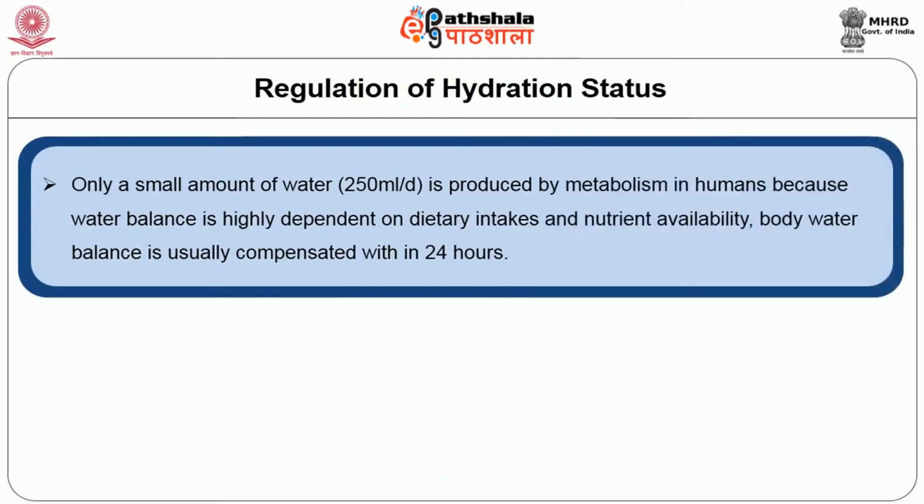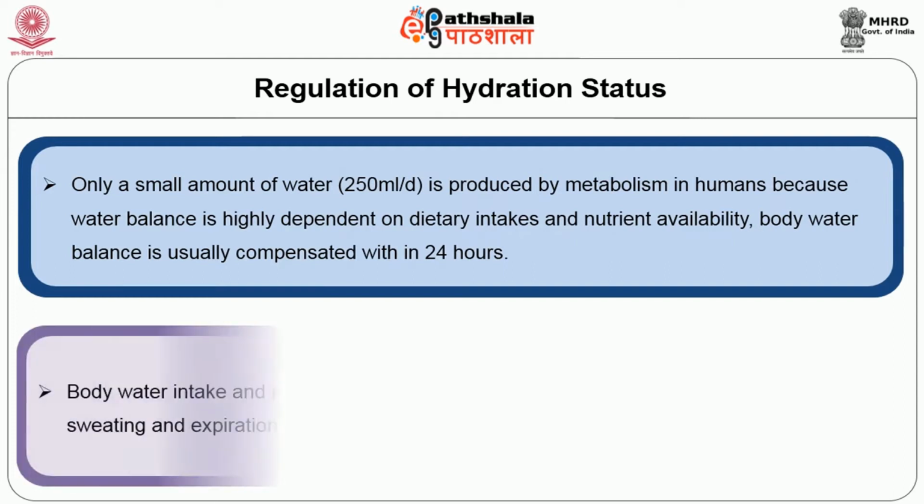Regulation of hydration status. Only a small amount of water, that is 250 ml per day, is produced by metabolism in humans because water balance is highly dependent on dietary intakes and nutrient availability. Body water balance is usually compensated within 24 hours.